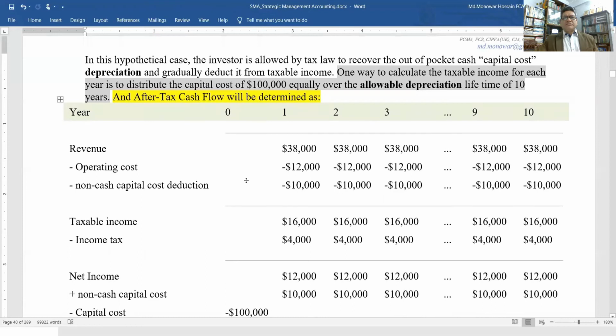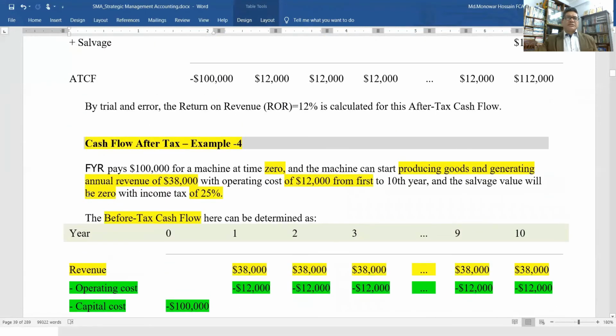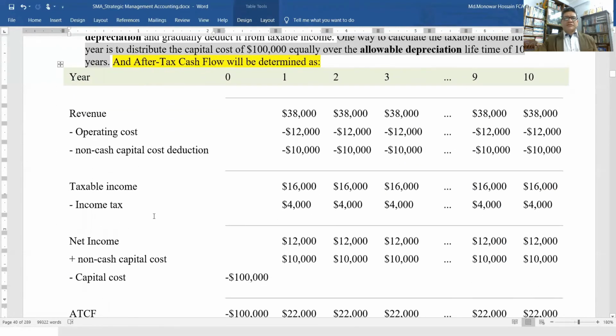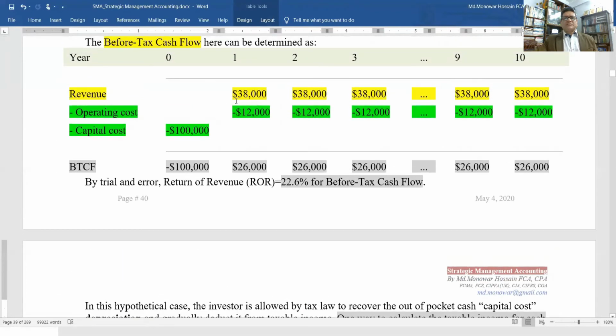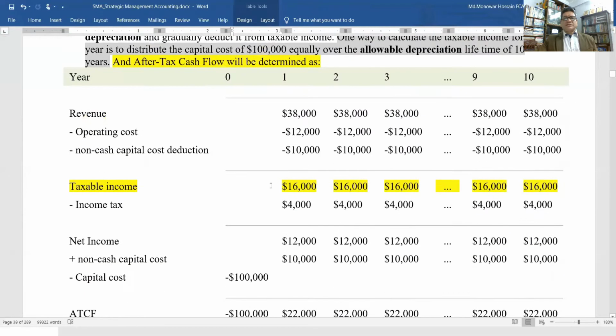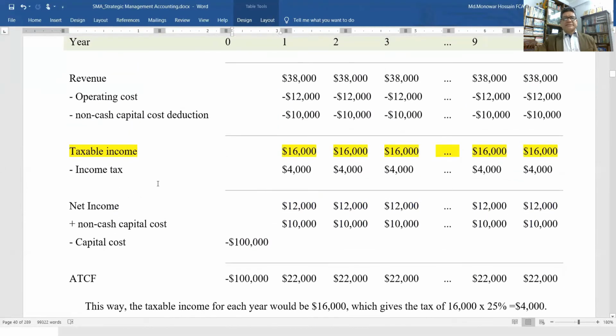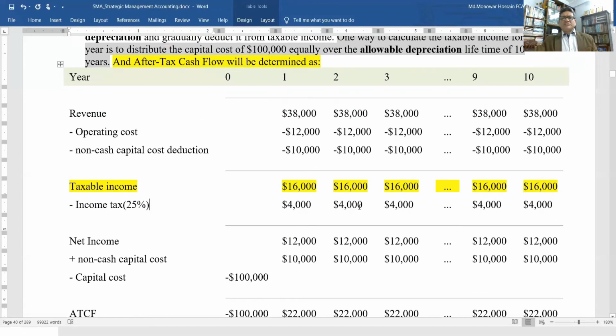Look here: revenue, operating cost, depreciation 10,000 for 10 years, because there is no salvage value. So taxable income is 16,000, from 26,000. Income tax at 25% means 4,000 each year up to 10 years.